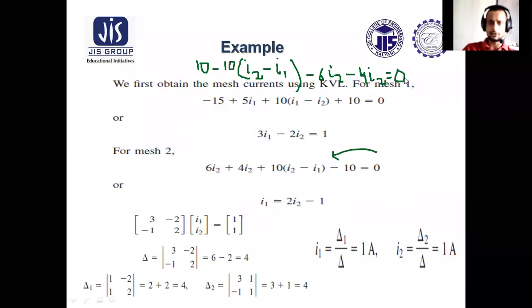So this is the equation. By solving this equation, you will get this.